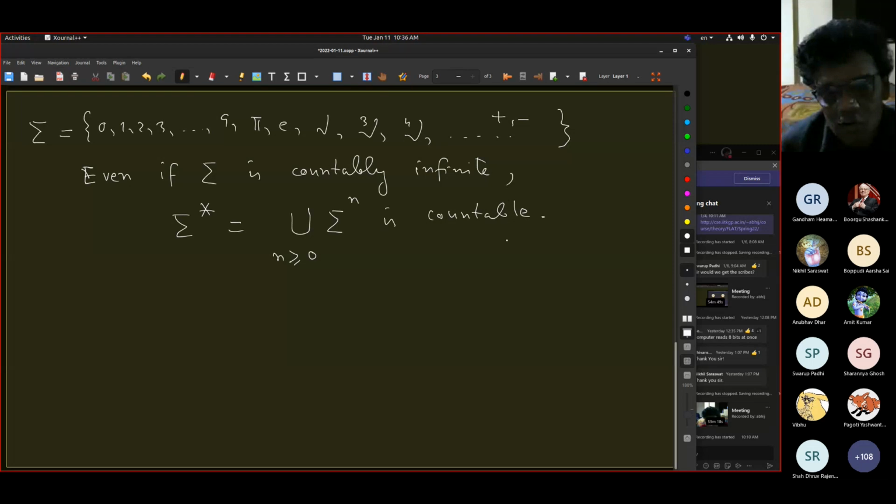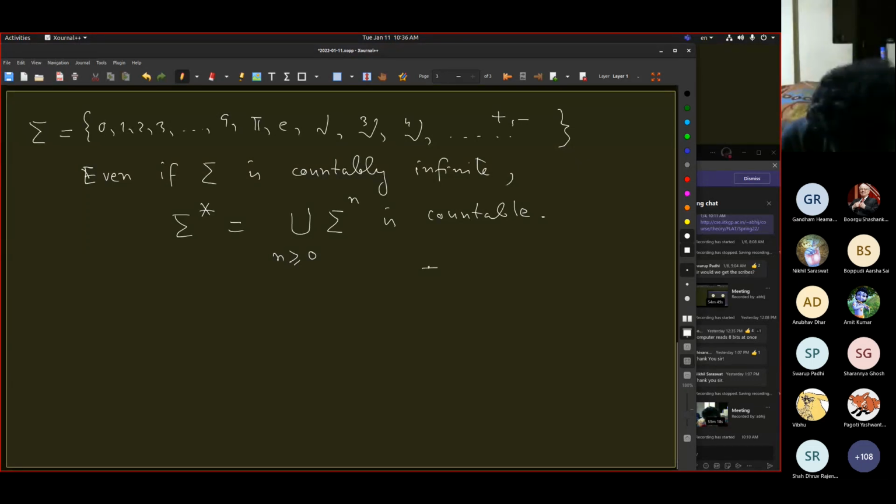Yes or no? Sir, are we representing each number with a symbol, like 0.1 with some symbol and so on? 0.1 is the string 0 followed by a point followed by 1. Yes, sir. So even pi we represent by 3.14 and so on. That is not an exact representation, and "and so on" should not be there.